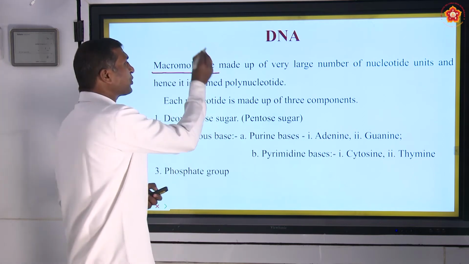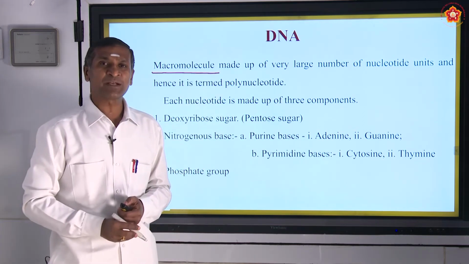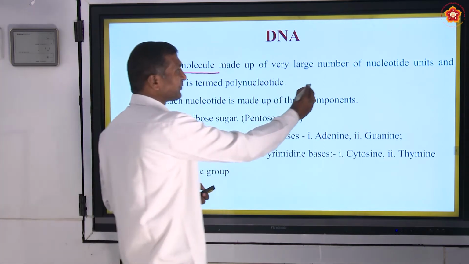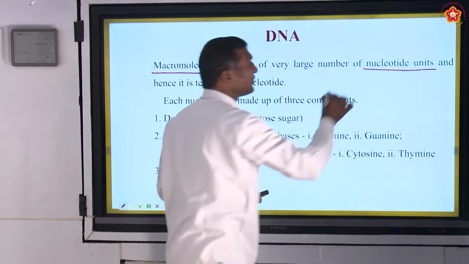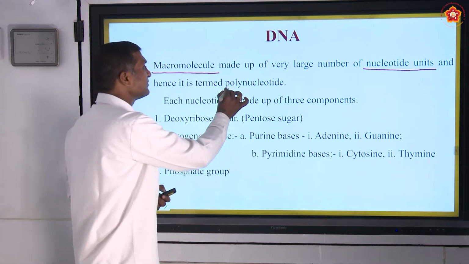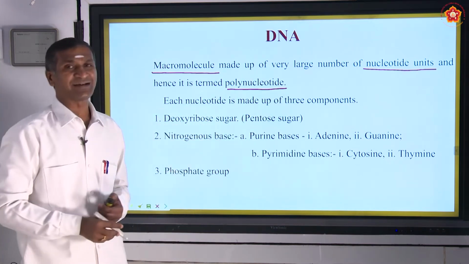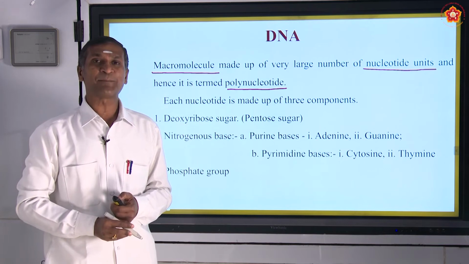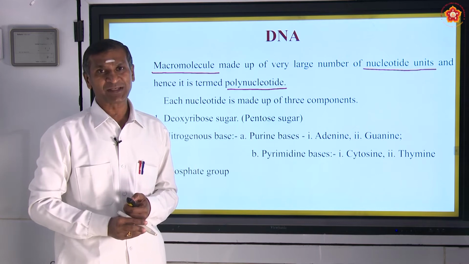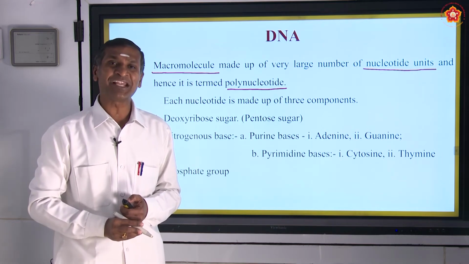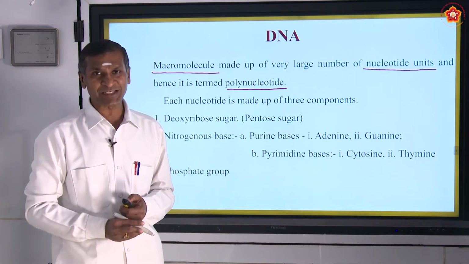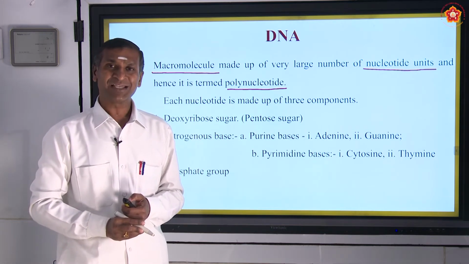DNA is a macromolecule which is made up of a large number of nucleotide units, and hence it is termed a polynucleotide. Its abbreviation is deoxyribonucleic acid. It is one of the nucleic acids found in the nucleus.